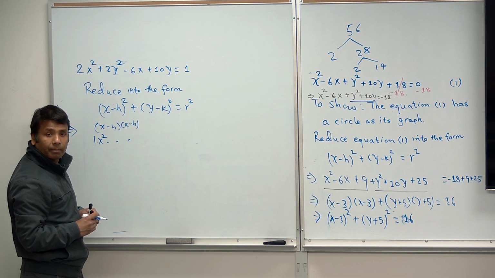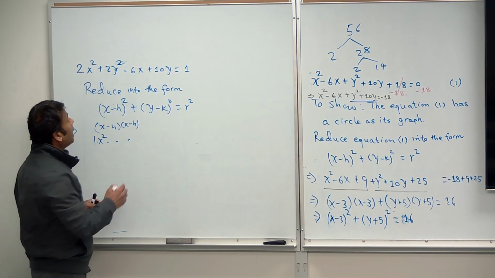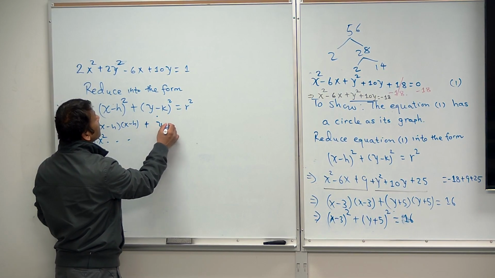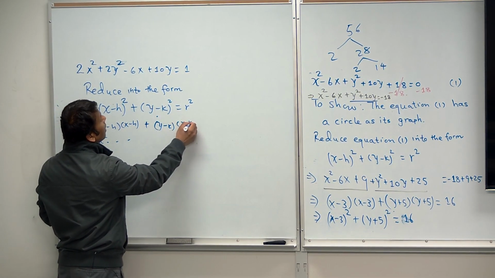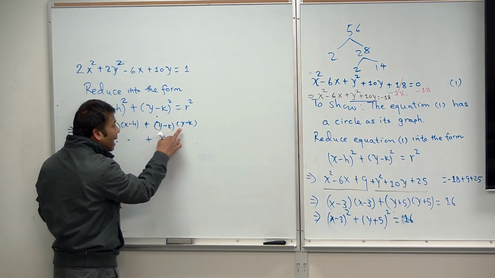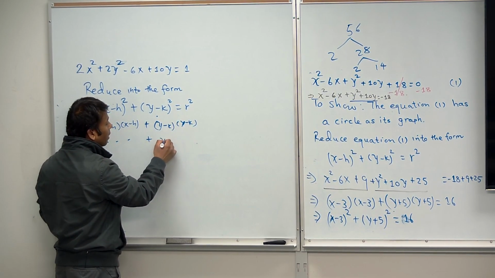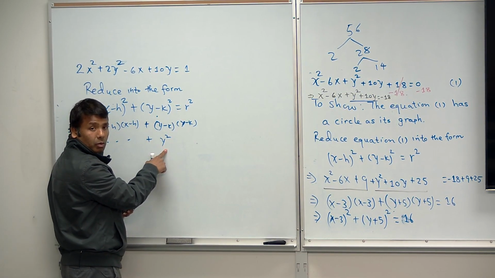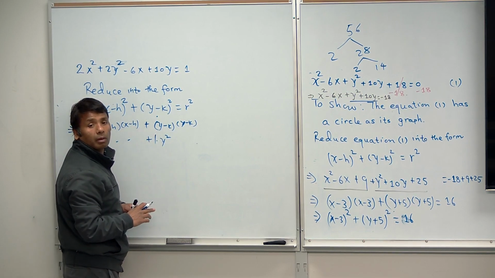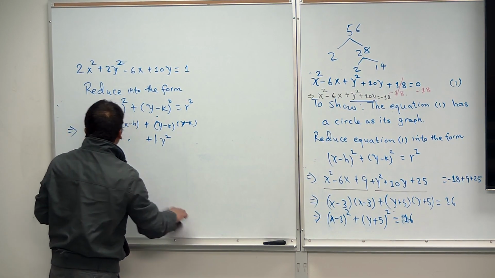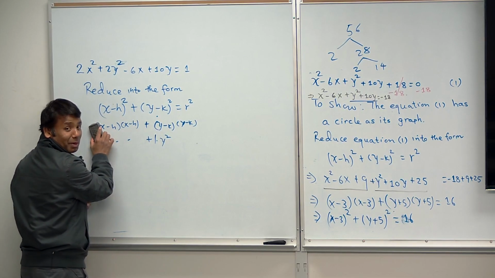Did you see that? And similarly, this is y minus k times y minus k. If you use FOIL, y times y is y squared. Is that right? So what is the coefficient of y squared? 1.